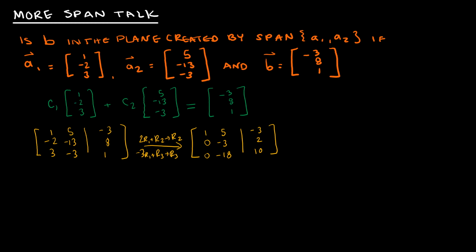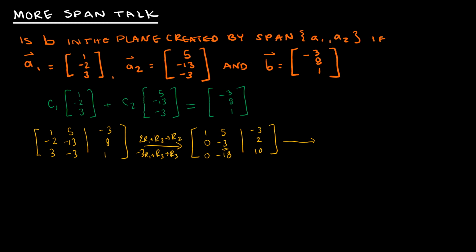Now from here, keep in mind that I want this to be a pivot, so I can either divide everything by negative 3, or I can work on getting zeros above and below that. So let's start by just getting a 0 below that.